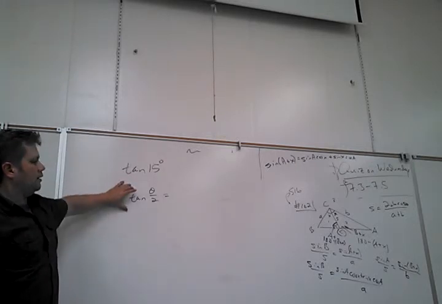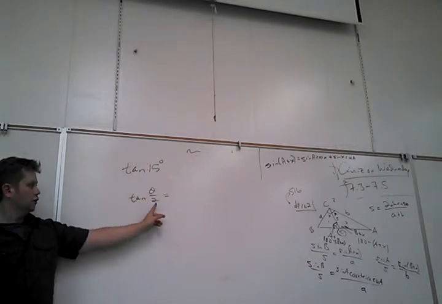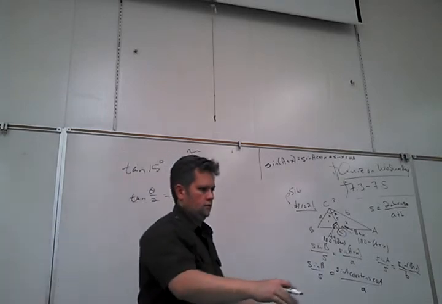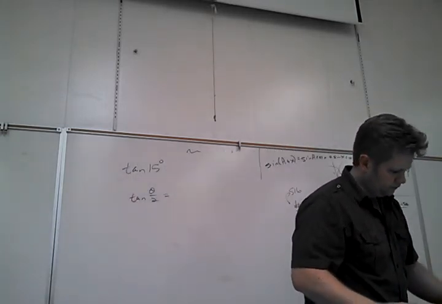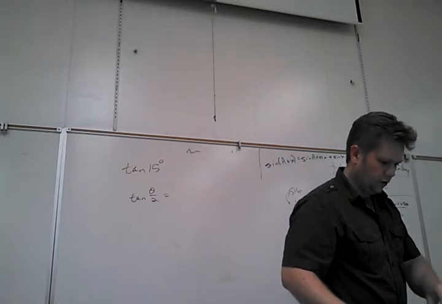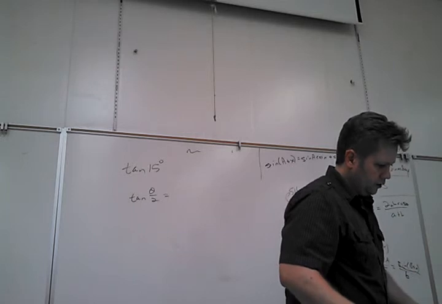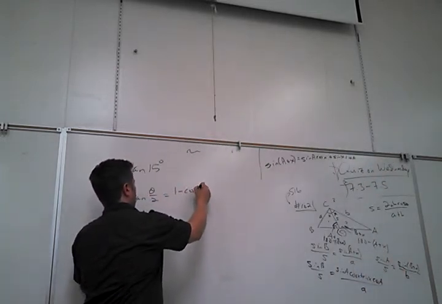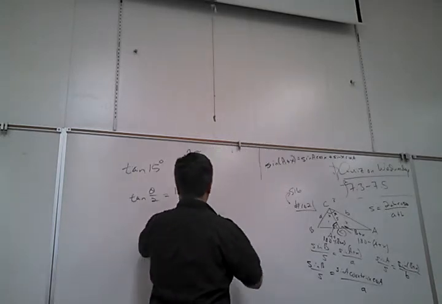So that kind of immediately makes me think of this, because I can do the tangent of 30 degrees. So now you look up the formula for this. Tangent theta over 2. Sine u over 1 plus cosine. Well, a little more directly, 1 minus cosine over sine.